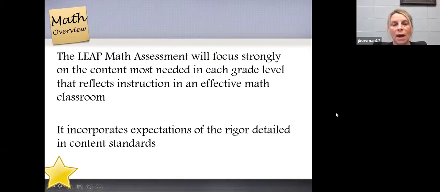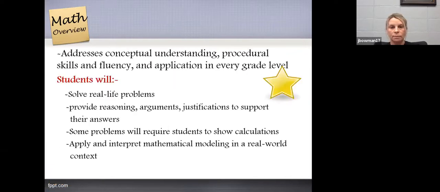The LEAP math assessment will focus strongly on the content most needed in each grade level that reflects instruction in an effective math classroom. It incorporates expectations of the rigor detailed in content and in standards. The LEAP also addresses conceptual understanding, procedural skills and fluency, and application in every grade level.